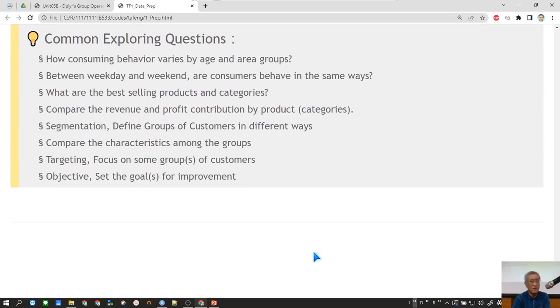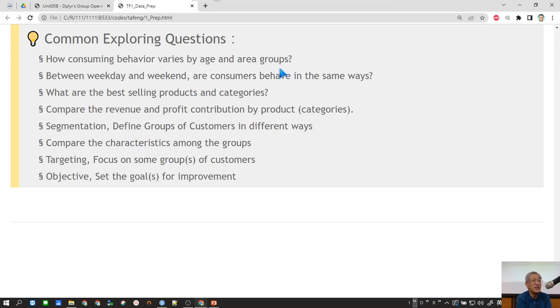So with this data, we can do a lot of things, right? We would like to explore how consuming behavior varies by age and by age groups. The average buying amount or the buying frequency could be different in different areas, could be different in different age groups, right?